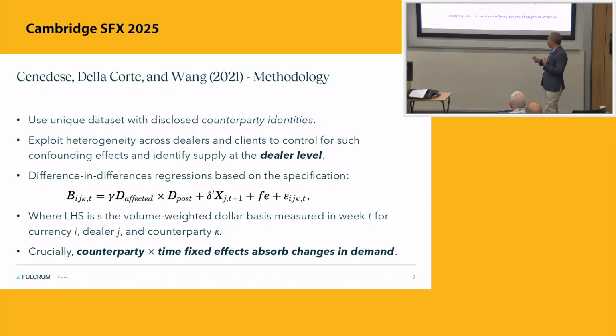Another way to say this is that for a given counterparty at a given time that has multiple dealer relationships, we find that this counterparty pays a higher premium to the affected dealers relative to the non-affected dealers. So this is just to say we do control for demand changes, we don't ignore them, they are just absorbed. The point of the paper is the steepening of the supply curve.